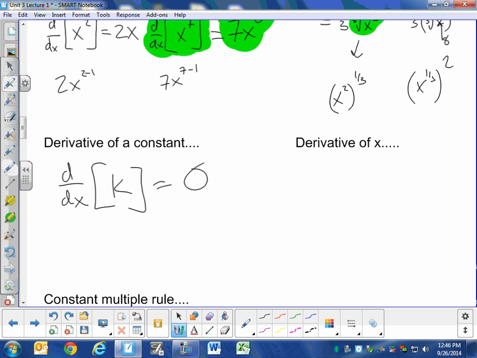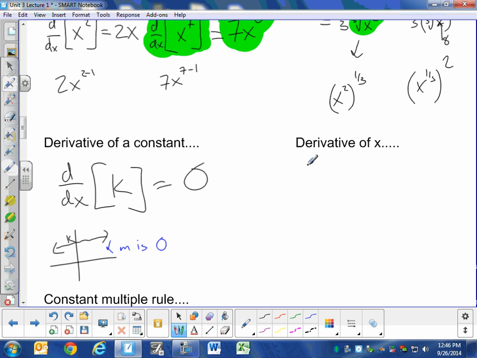Why is it 0? Exactly. You think about a line. The easiest way to think about this is that if I have a line, k, that's a y equals k line. That's a horizontal line. Slope is always 0. So if I take the derivative of 7, that's 0. The slope of the line, the function 7, is 0.